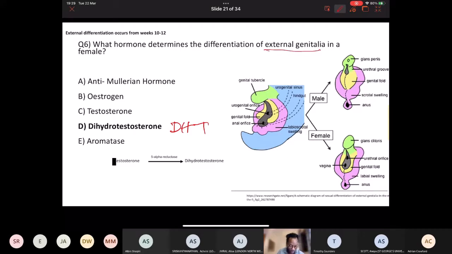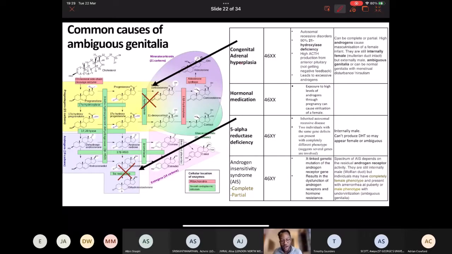Now, in order to have dihydrotestosterone, you need 5-alpha reductase, which is quite a key thing to hold on to for our next slide. When we talk about external genitalia, we have to think about what could go wrong with the differentiation of external genitalia. Well, this is quite rare, but we do have cases of what's classed as ambiguous genitalia.